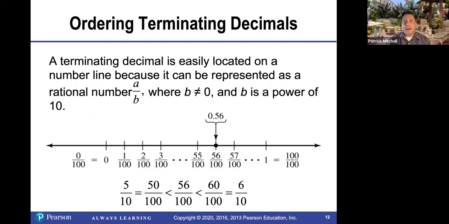Ordering terminating decimals. Terminating decimals are easily located on a number line because they can be represented as a rational number a over b, where b is not equal to 0, and b is a power of 10.